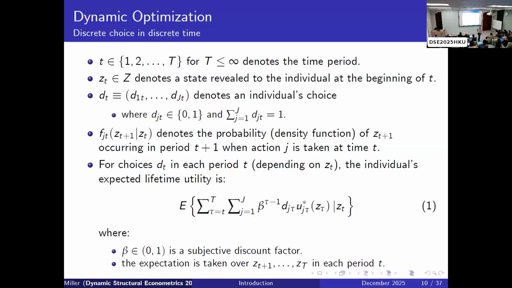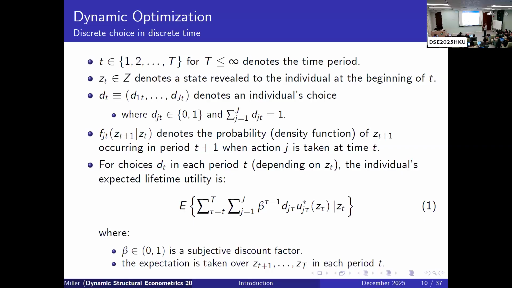Now I want to give you a more canonical approach to where we're going. Here's the standard setup that you're going to see in one form or another throughout the next few days. We've got time discrete, but it is a point process, so it could be a Poisson arrival event, which is neither here nor there. For the moment, these states are revealed to the individual, not to me or you, the econometrician.